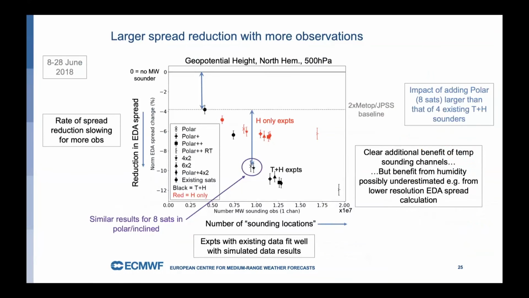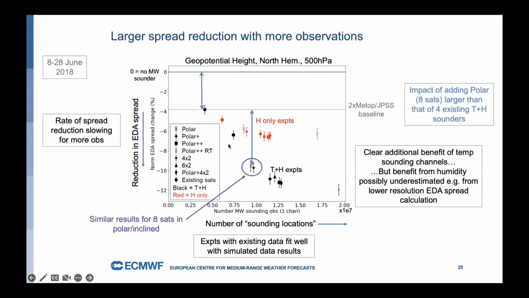And this is more or less the last plot I'm going to show. It's quite a busy plot. What it shows you is the reduction in EDA spread on the y-axis versus the number of sounding locations on the x-axis. And the reference one, the 0 line here, is where we have no microwave sounders at all. The quantity here in this case is the geopotential height in the northern hemisphere at 500 hectopascal.